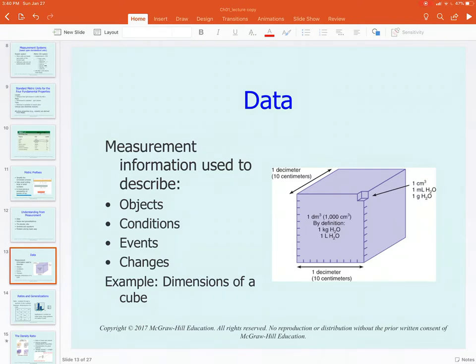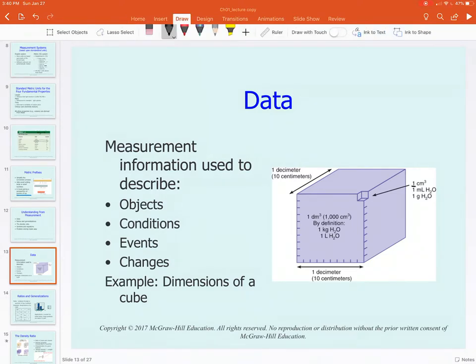And all I really want to talk about as far as this particular slide is concerned is that whenever we take data, we are going to measure something, and it could be various things, but we're going to end up with some kind of number and some kind of unit, kind of like this.